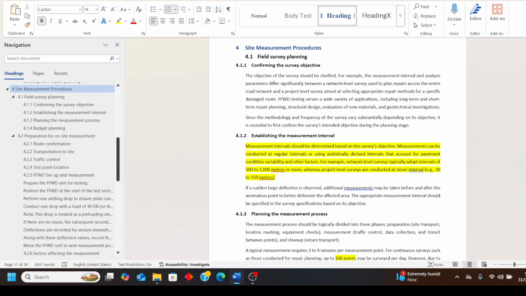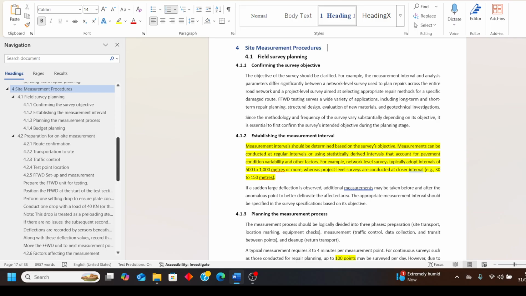We have to decide if it's a network level survey, which means it can be a broad overview having long intervals, or a project level survey, which has detailed design and close intervals. So the objective may also include repair planning, structural design, new material testing, or some other research purpose. And then we establish the measurement interval.